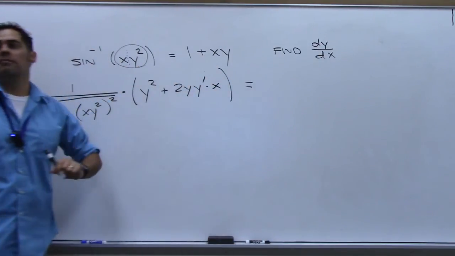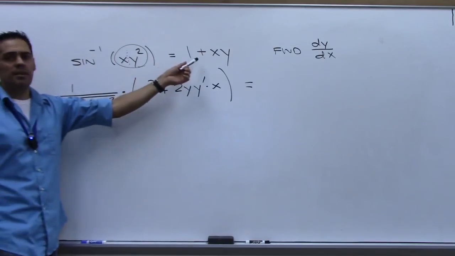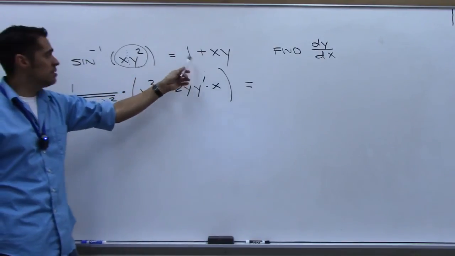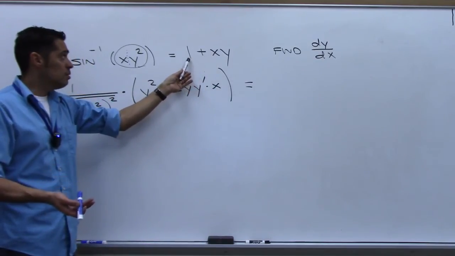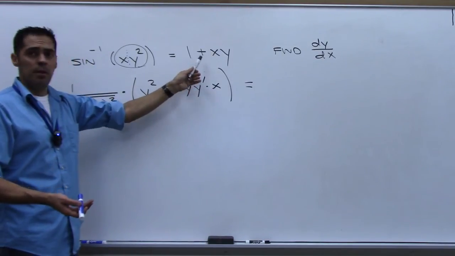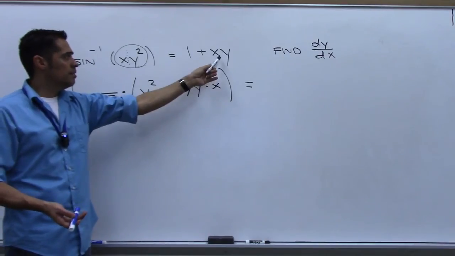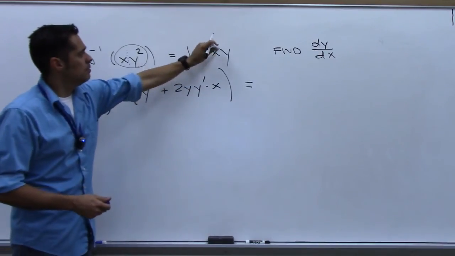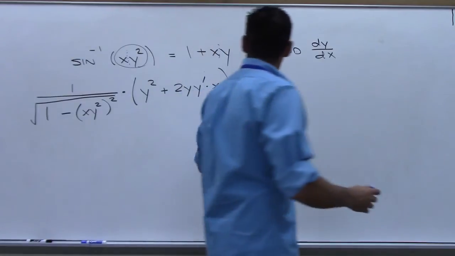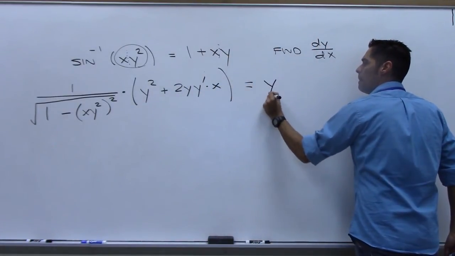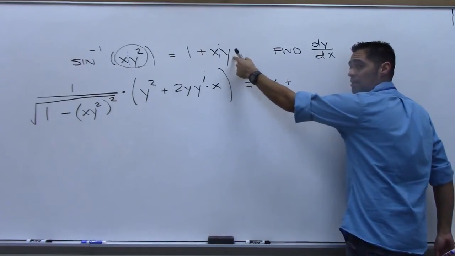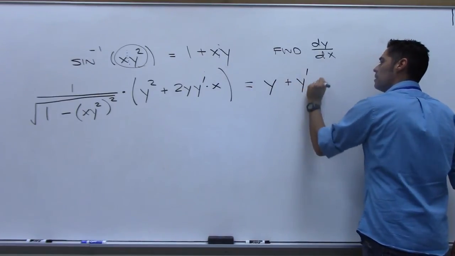Now, the right side. We have addition separating two terms, so we can do each derivative separately. Derivative of 1, 0, right? Plus, what do we need to do here? Another product rule. So the derivative of x, which is 1 times y, plus the derivative of y, y prime, times x.